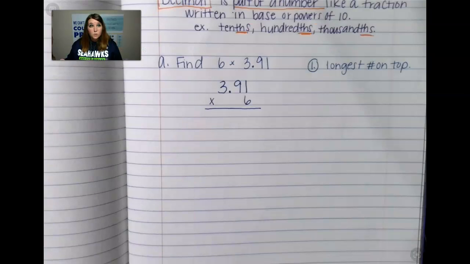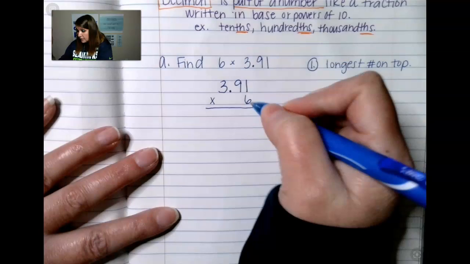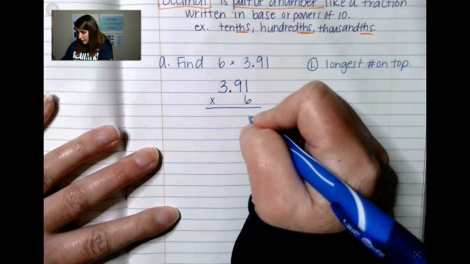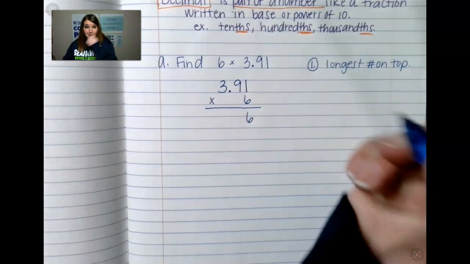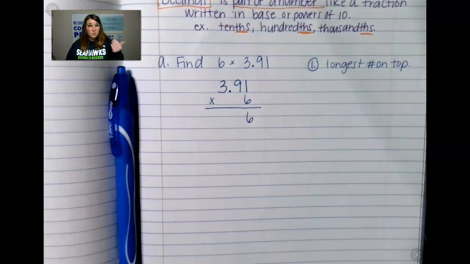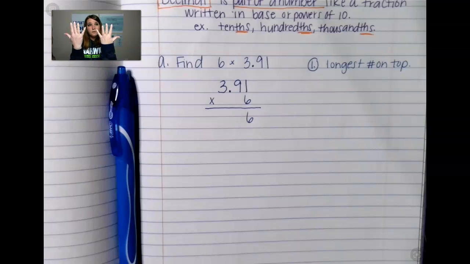Now we're going to multiply, just like you would normally multiply. It's really important that we multiply accurately. 6 times 1 is 6. 6 times 9: if you struggle with your 9s, we have a trick. You have 10 fingers, and you put down the finger for the number you're multiplying by, so I put down my 6th finger.